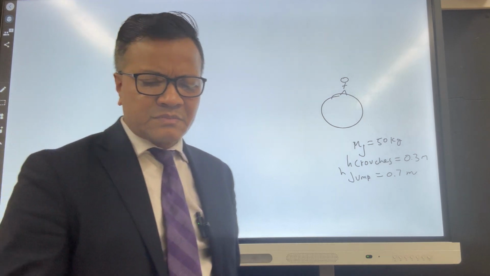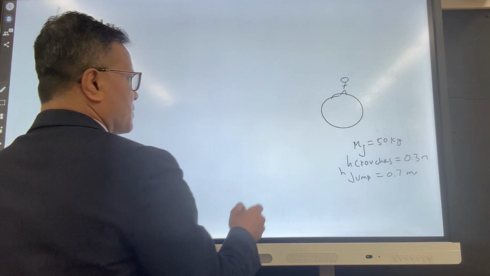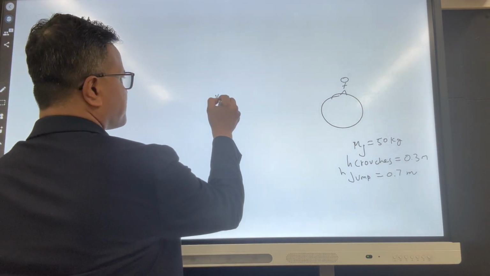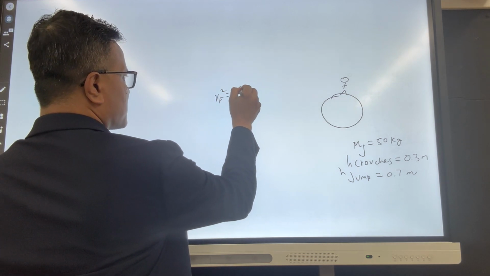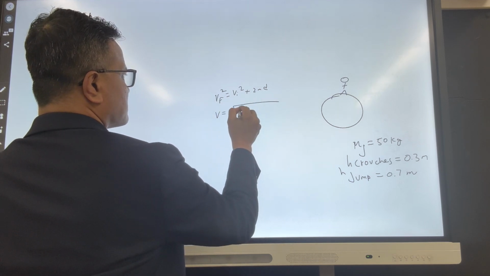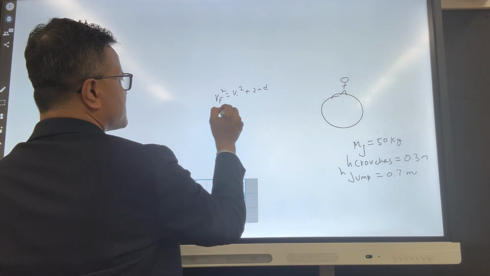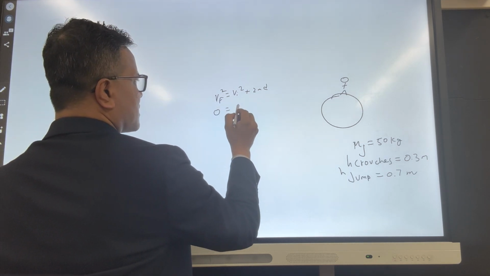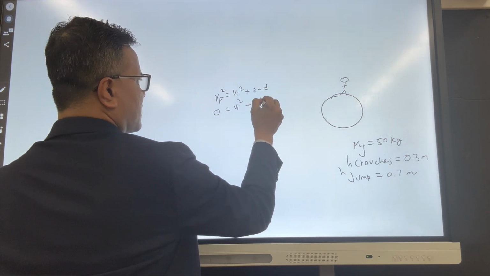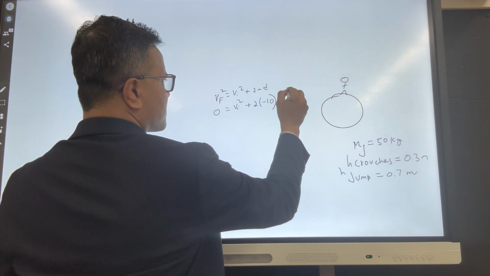Okay, so 0.3 and 0.7. What happened? Vf squared is equal to Vi squared plus 2ad. Here Vf is 0 and we're looking for Vi, with a equal to negative 10 and d equal to 0.7.